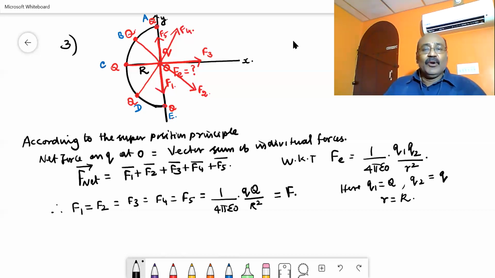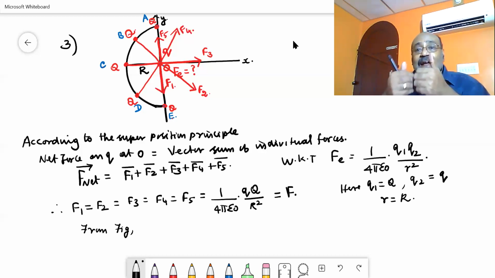Now look at the diagram. From the figure, you see F1 and F5. Both are acting at O. The magnitude of F1 and the magnitude of F5 are equal, but they are acting along the same line in opposite directions. So they will cancel each other.